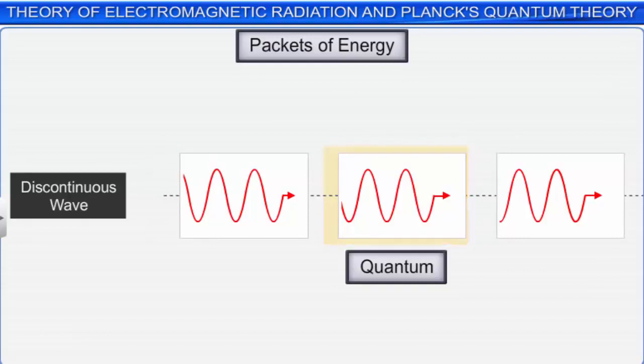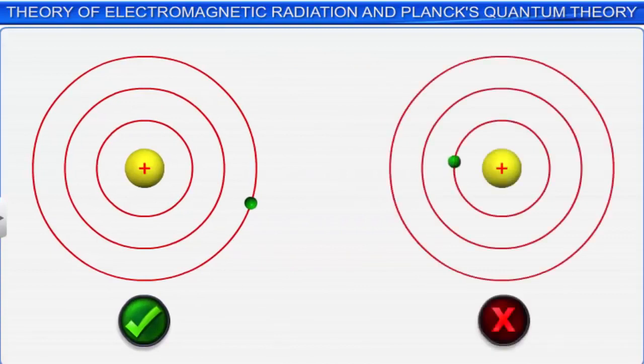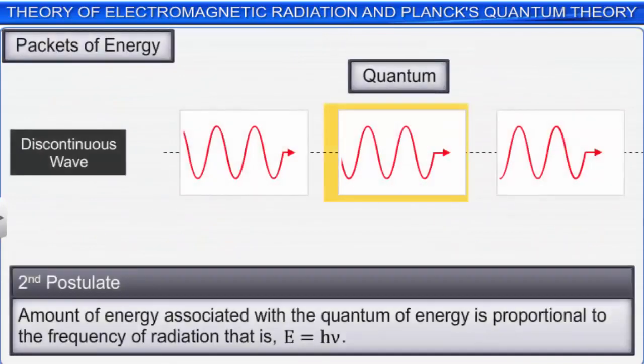This means that the light radiations absorbed or emitted by atoms or molecules comprise a stream of quanta, but not continuous waves as shown. According to the second postulate, the amount of energy associated with the quantum of energy is proportional to the frequency of radiation.